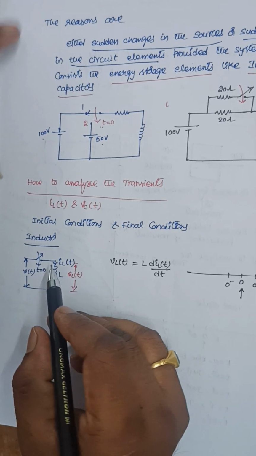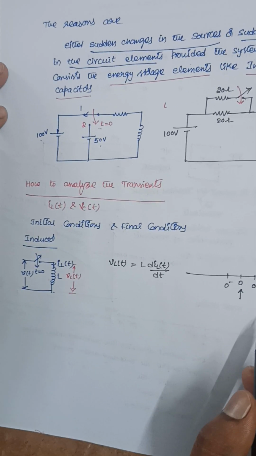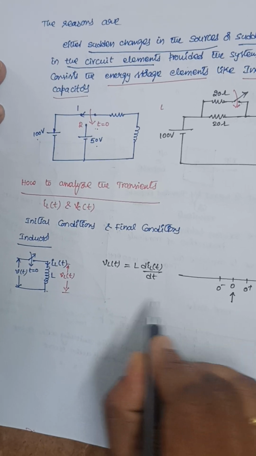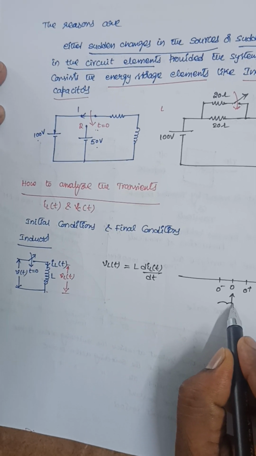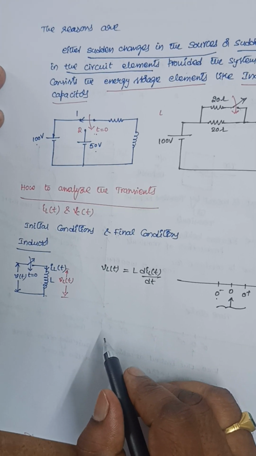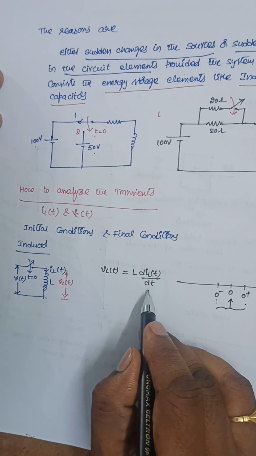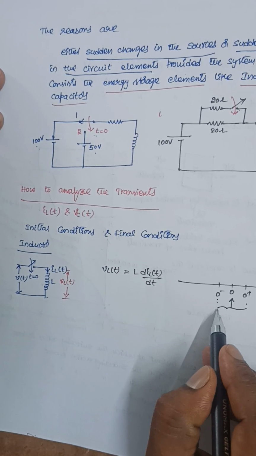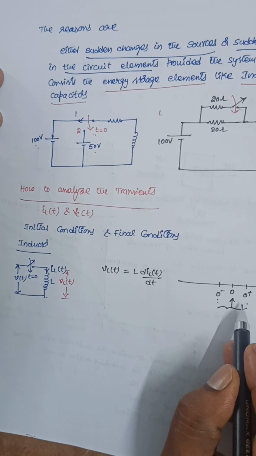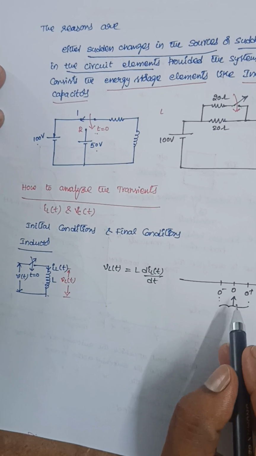If we switch on this supply, I am going to concentrate on this duration, 0 minus to 0 plus. Within this short duration, what is the change in this current? This duration is almost 0.